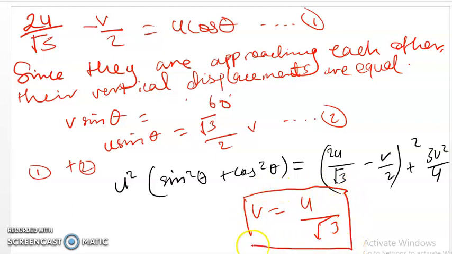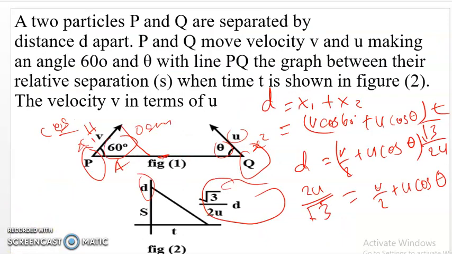And this is how we deal with classical mechanics problems when we are to calculate, maybe, two particles moving and being observed simultaneously at some point, or a question similar to this when you are given two particles P and Q separated by some distance. So you have to find, using the distance and the values given, the initial and even the final velocity, or some question related to that.